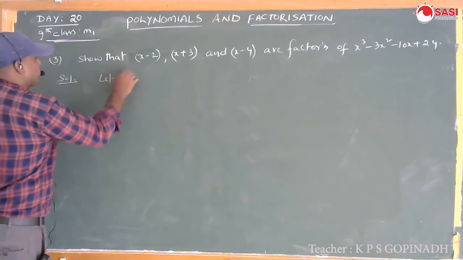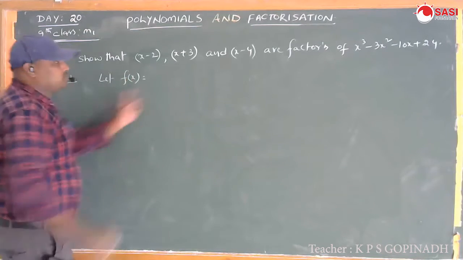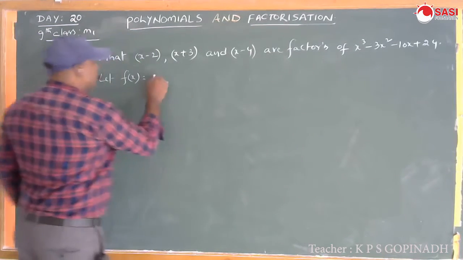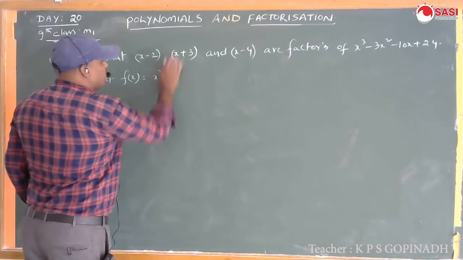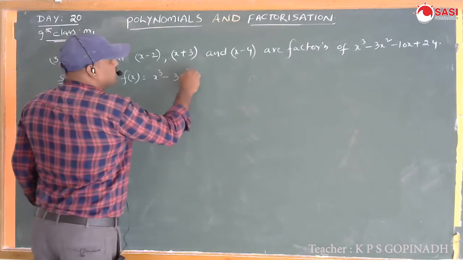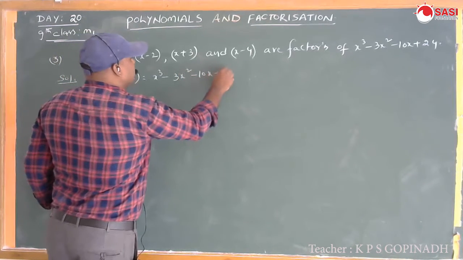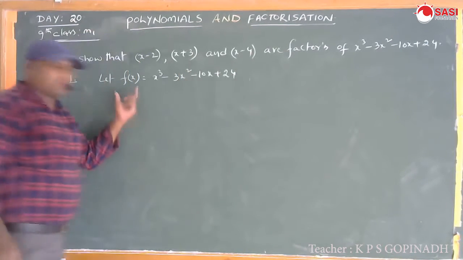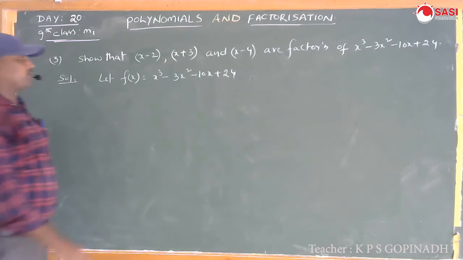Solution. Let f of x be the given polynomial x cube minus 3x square minus 10x plus 24. That is the given polynomial f of x.